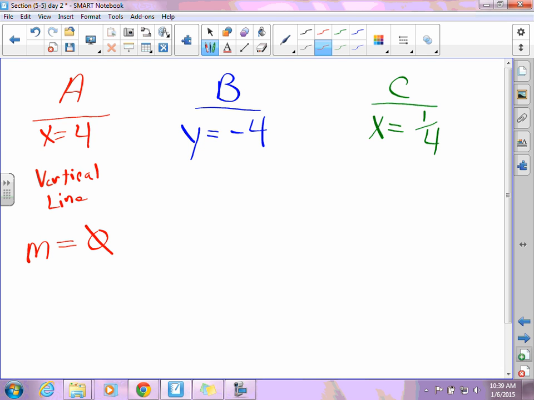It's 0. X equals 1/4. It's a vertical line. Actually, I'm going to make this a -1/4 if I can. Change it to -1/4. Just because I'm throwing something else in there.